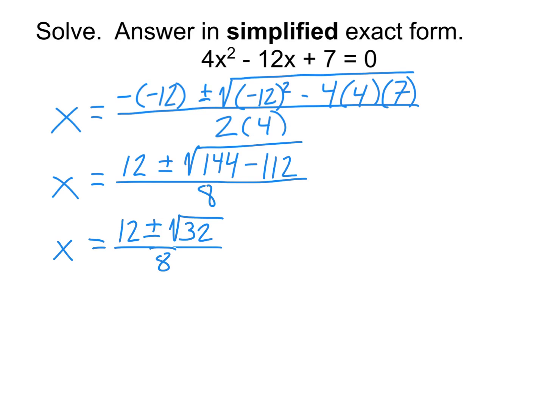And so when you actually do the simplifying of the numbers, you should be ending up with 12 plus or minus, and then inside the square root just becomes a positive 32. And it's all over 8 here.